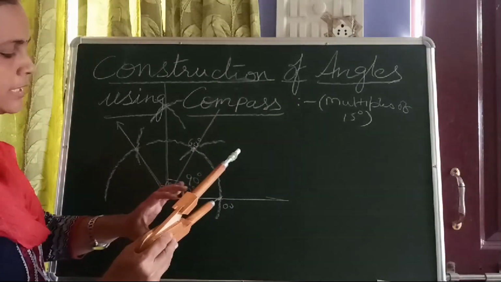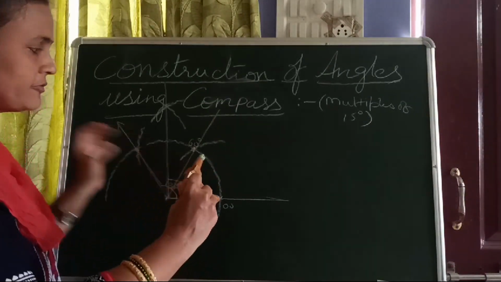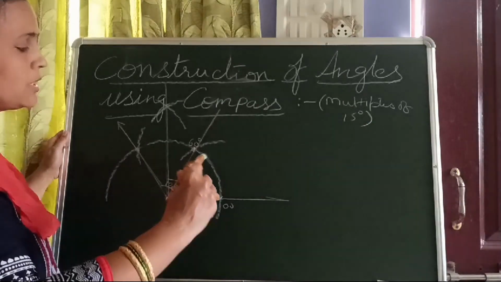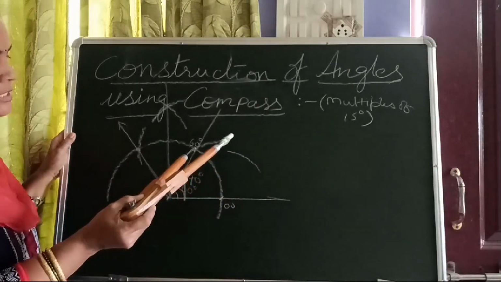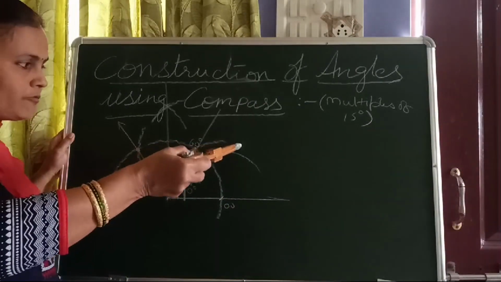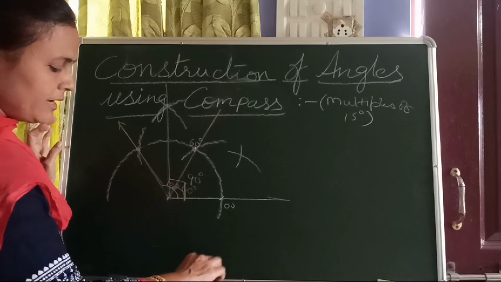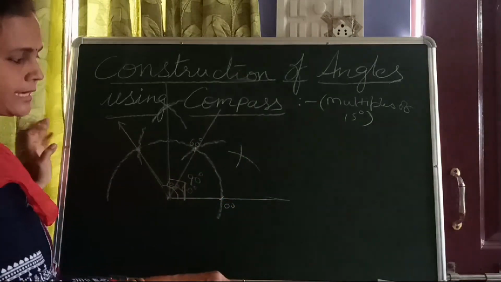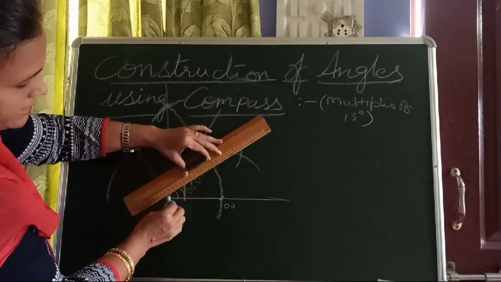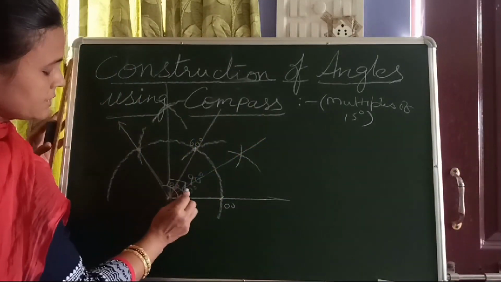For that, put the compass on the 0 point where the arc cuts, take more than half of the radius between 60 and 0, and draw one arc here. With the same radius without changing, put it on 60 and draw one more arc. Join the point where the two arcs meet with the end of the line segment, and that gives you 30 degrees. So this is 30 degrees.